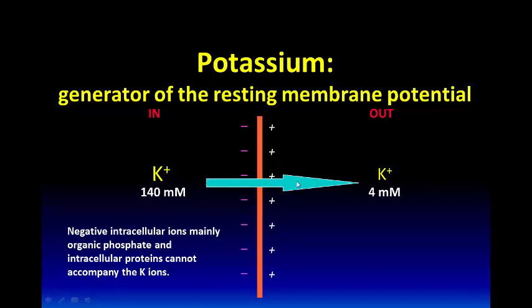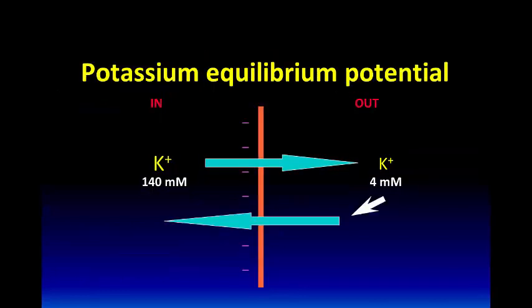Potassium ions continue diffusing down their concentration gradient for some time. And as they diffuse, positive charges accumulate on the outer surface of the membrane and negative charges accumulate on the inner surface, and again a potential difference develops between the inner and outer surfaces, with the inner surface negatively charged. After some time, the negativity of the inner surface of the membrane attracts potassium ions back into the cell.